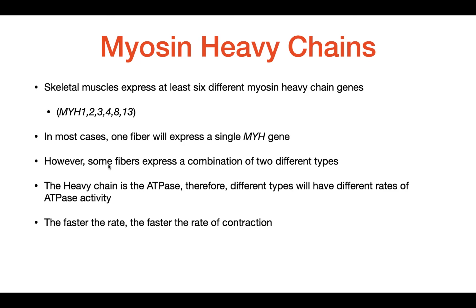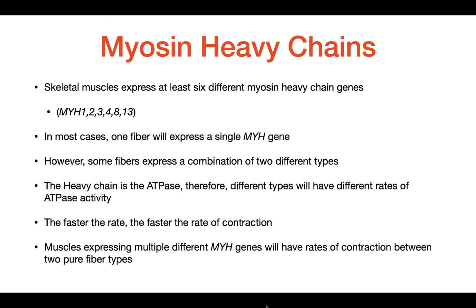Remember that myosin heavy chain, specifically the head region, is where the ATPase activity is. Different types of the myosin heavy chain are going to have different rates, and the faster the rate of the ATPase activity, the faster the rate of contraction. Muscles that express two different myosin heavy chain genes will have rates of contraction that are in between the two pure fiber types.